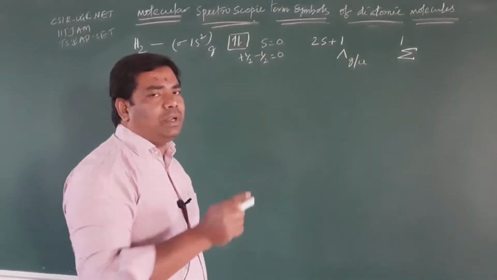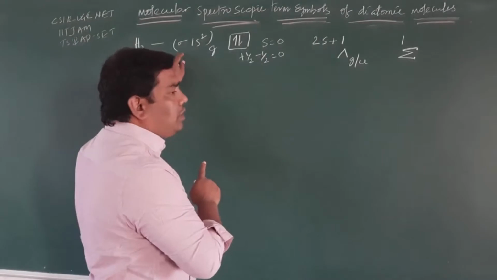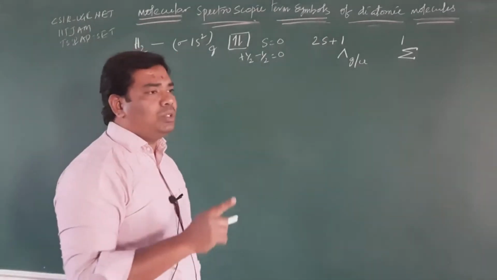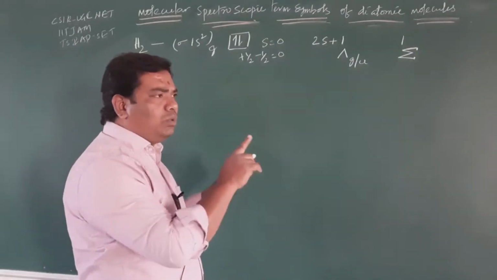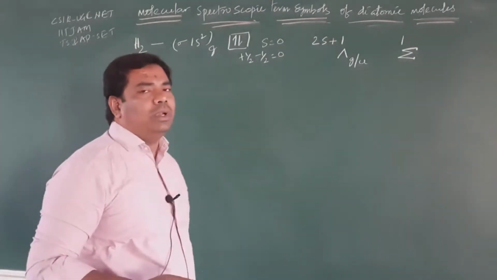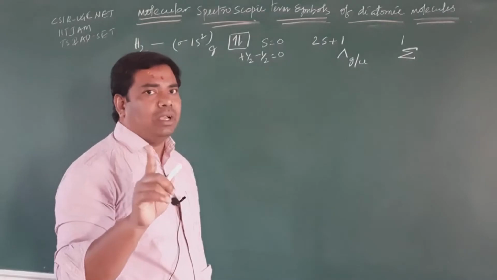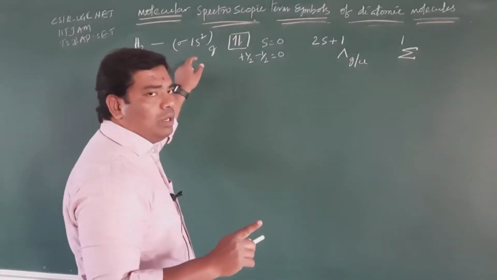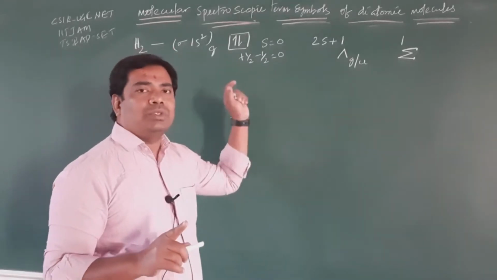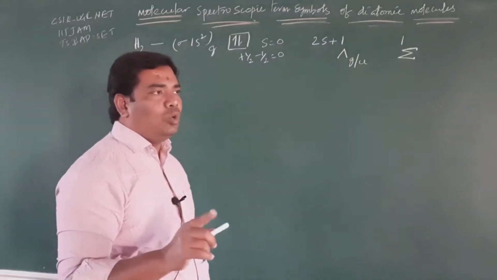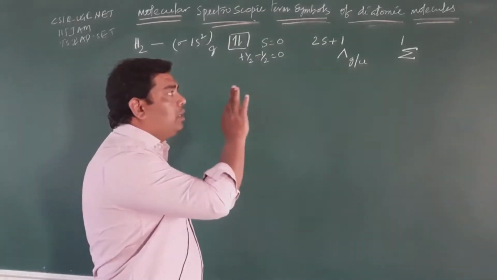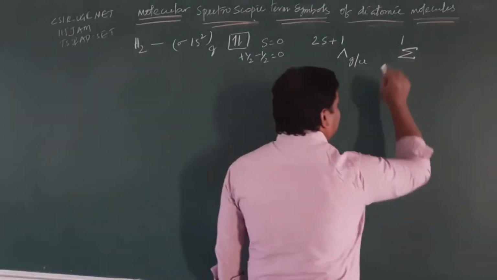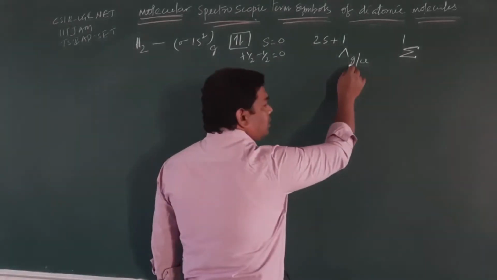If the electrons are present in sigma 1s2, sigma star 1s2, sigma 2s2, sigma star 2s2 and sigma 2pz, in this case most probably the term symbol will be sigma. Remember? Okay, if the electrons are present in sigma 1s2, sigma 2s2, sigma star 2s2, sigma star 1s2 and sigma 2pz, in this case only the spectroscopic term symbol will be sigma. Clear?